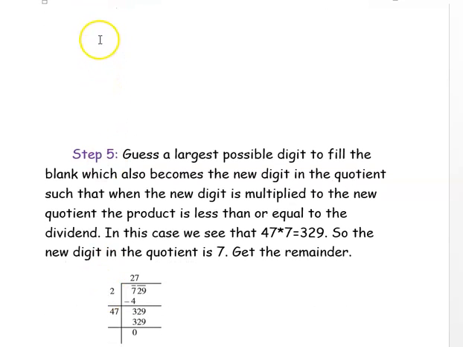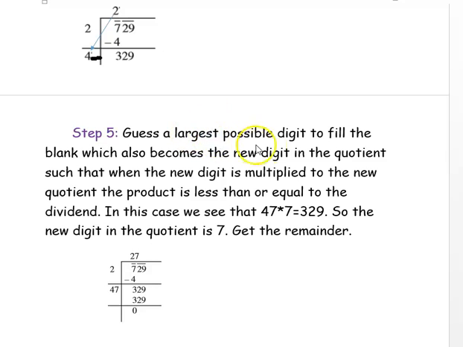The next step, guess the largest possible digit to fill the blank, which also becomes the new digit in the quotient, such that when the new digit is multiplied to the new quotient, the product is less than or equal to the dividend. So in this case, if you go with 41 times 1, like that you have to try.